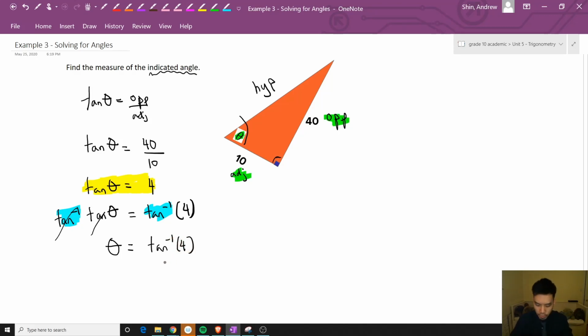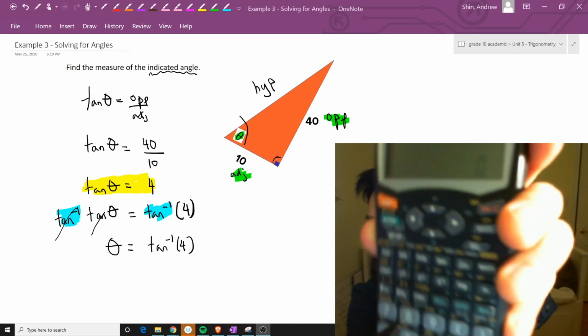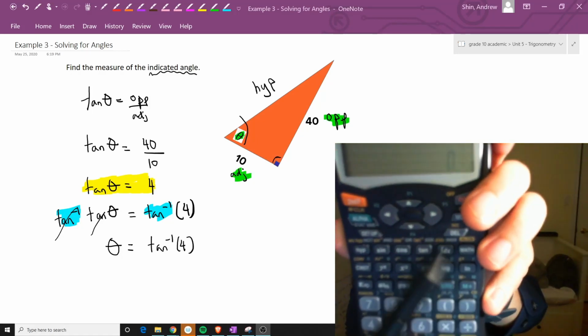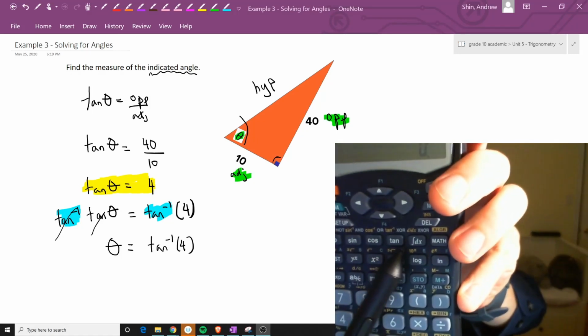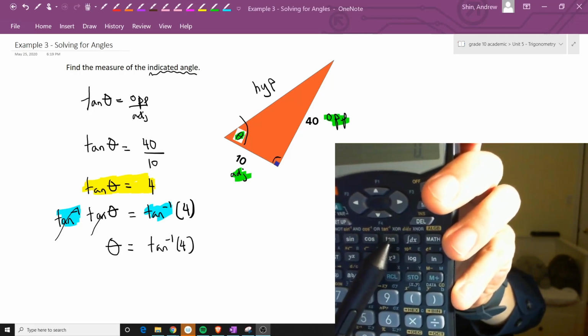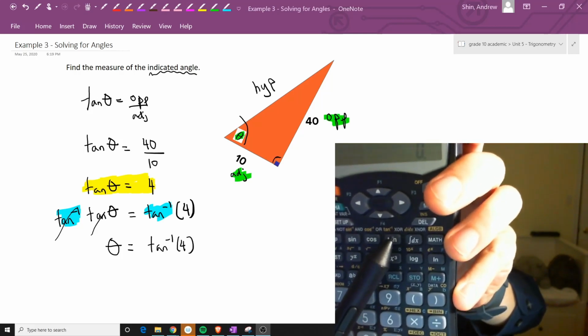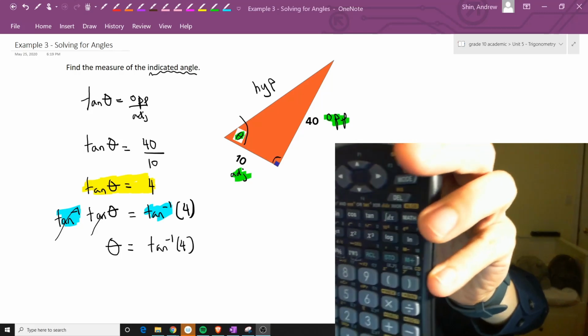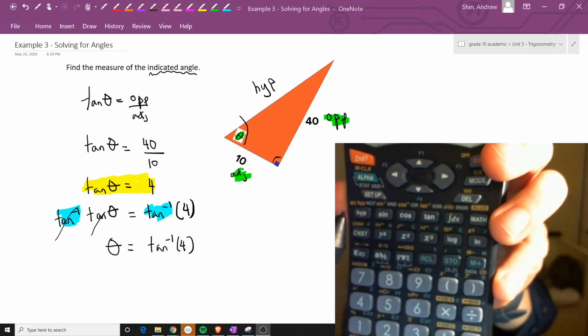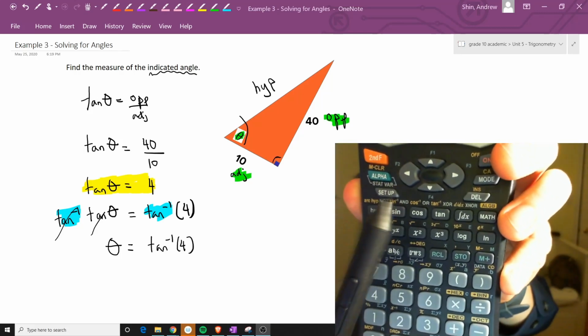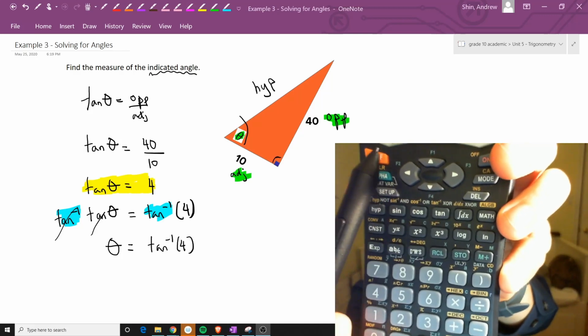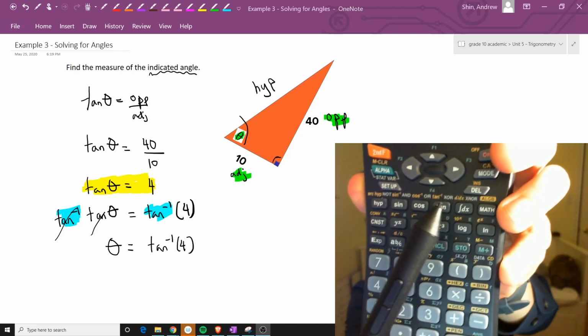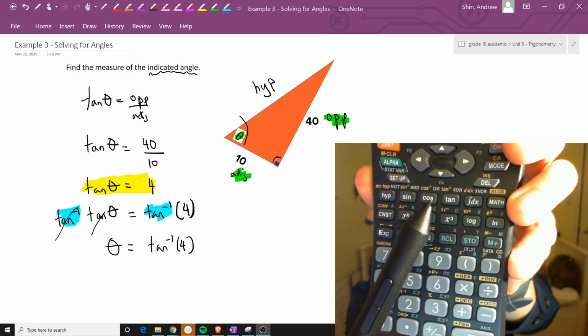And where's tan inverse? On your calculator, you have sine, cosine, and tangent. To find tan inverse, do you see how it's the button above, the yellow version? It says tan to the -1. So to get that button on my calculator, I need to press the second function first and then press that right there.